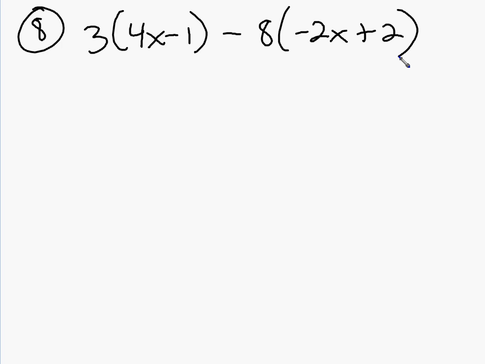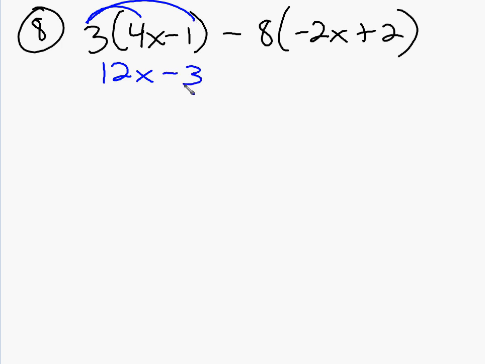It's all one sentence. It's all one expression. But we need to do each of the distributive property problems separately. So let's do that. What's 3 times 4x? 12x. 3 times negative 1 is negative 3.